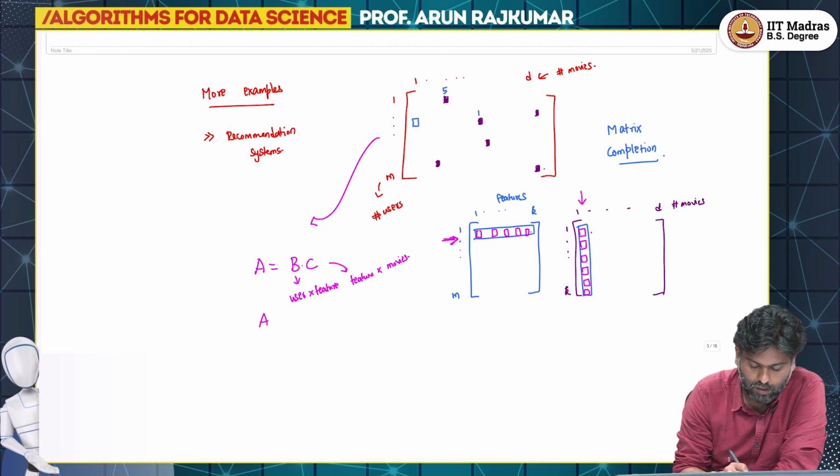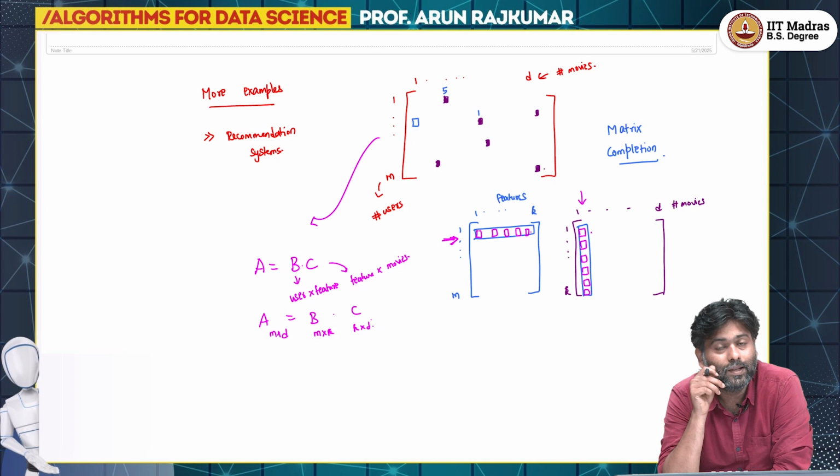So A is M cross D, whereas B is M cross K and C is K cross D. Now what does this tell us?